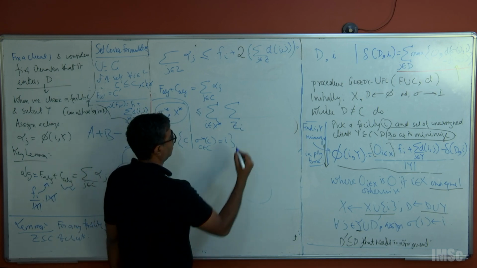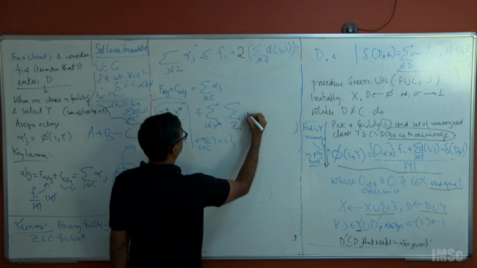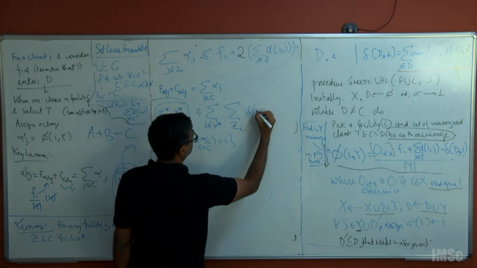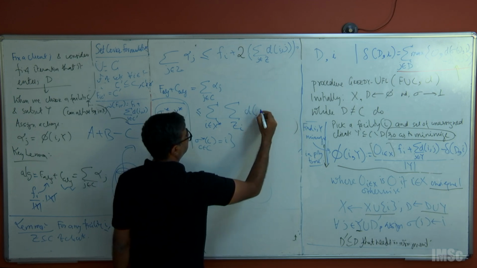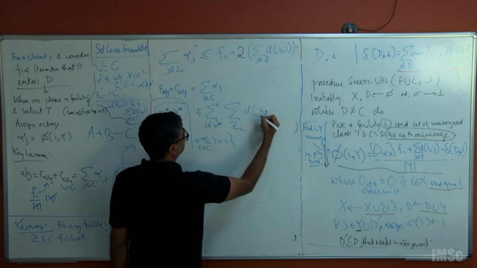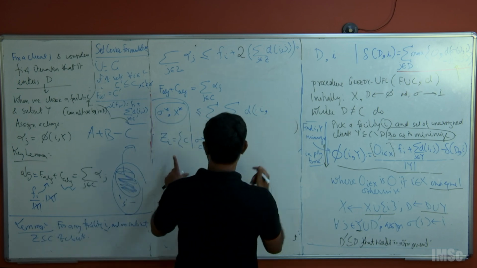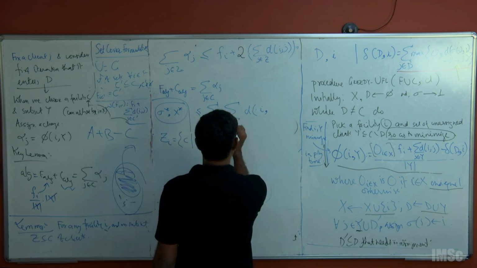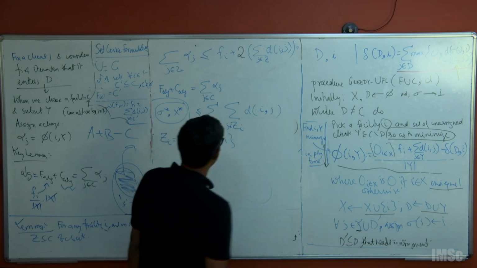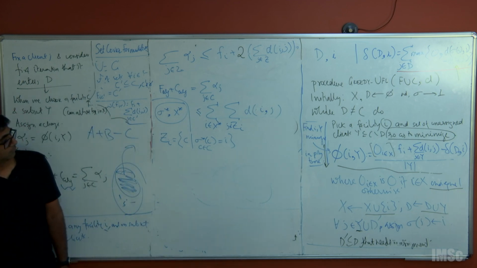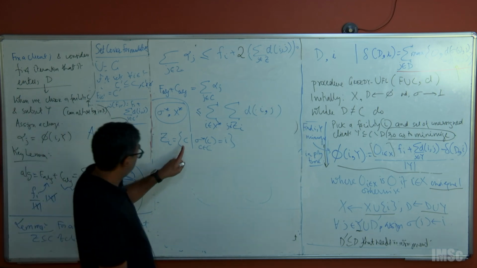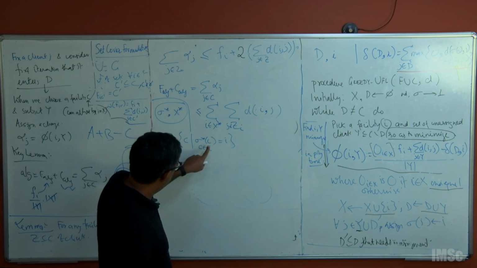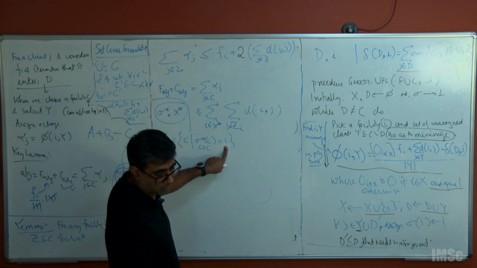Zi, right? And what will I now do? I will take the distance of I and some j in Zi; not even sigma star is required. Is that fine? What is Zi again? The set of clients which are served by I, the inverse function.